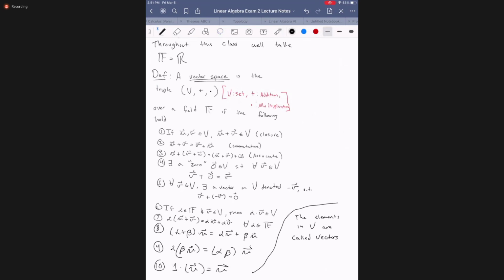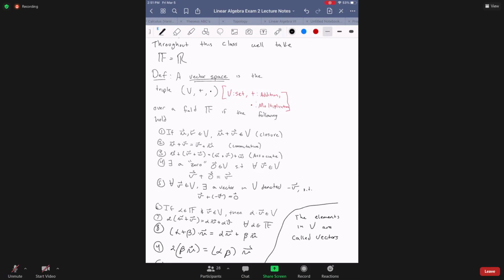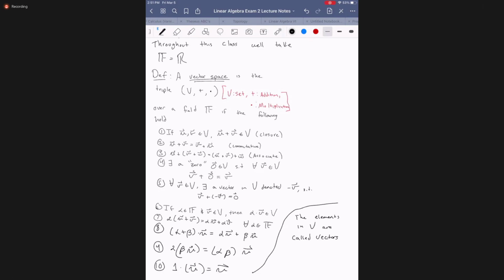If you have a set with addition and multiplication that satisfies all these, then the elements in this set V are called vectors. And that doesn't restrict us to the same ones that you've always been used to, with the arrows. These can be anything. You can take your favorite set of whatever, and if you define addition and multiplication in the correct way, those things will be considered vectors.